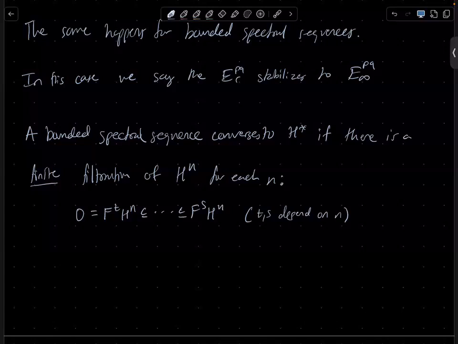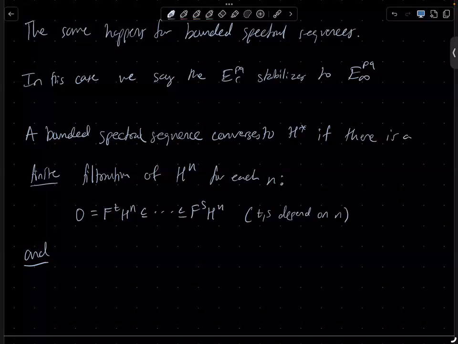Okay. And so there's a finite filtration of Hn for each n. Each of the graded pieces of H asterisk has a filtration like this, and we get the following isomorphisms. Because we're in a bounded spectral sequence, we have this stabilization condition up here.